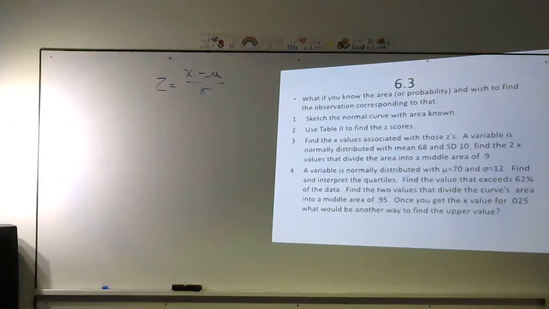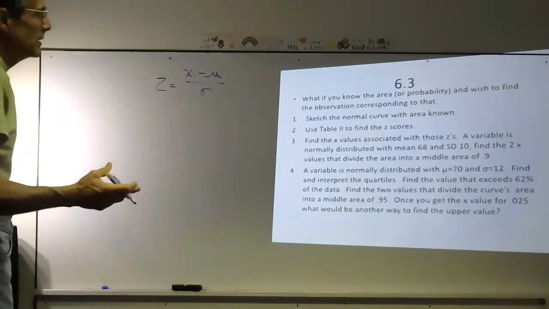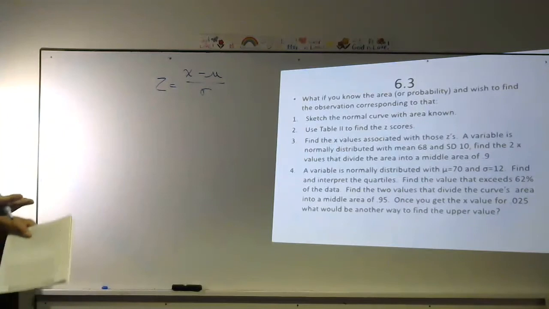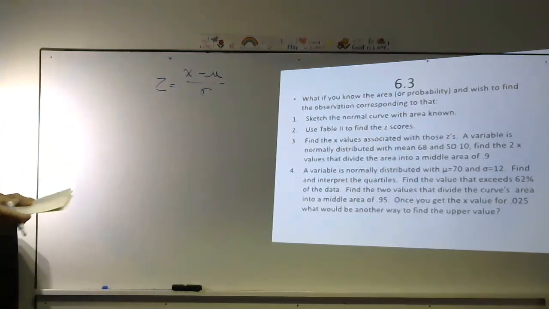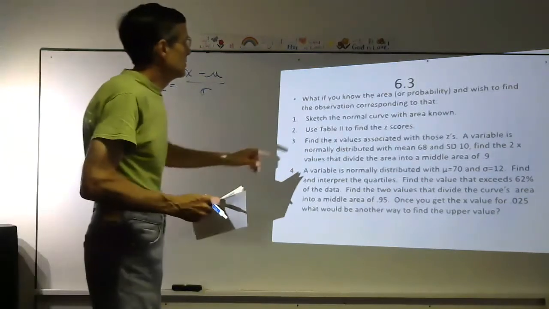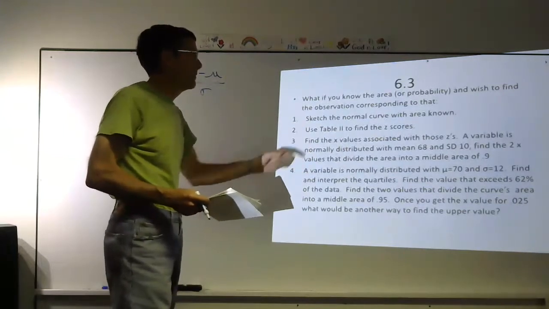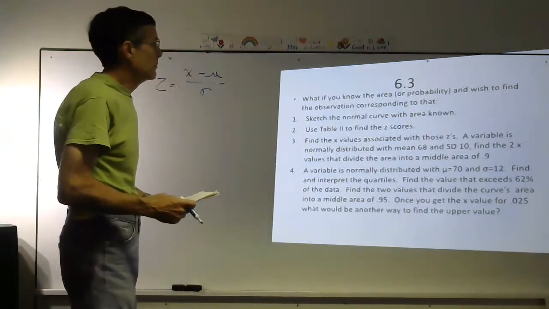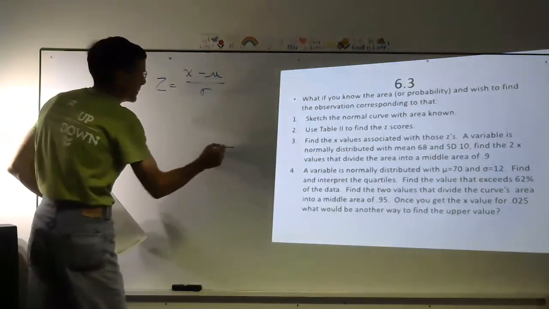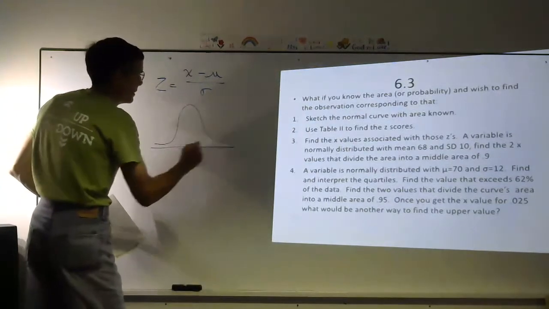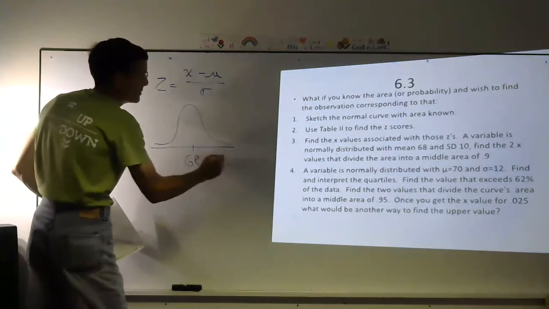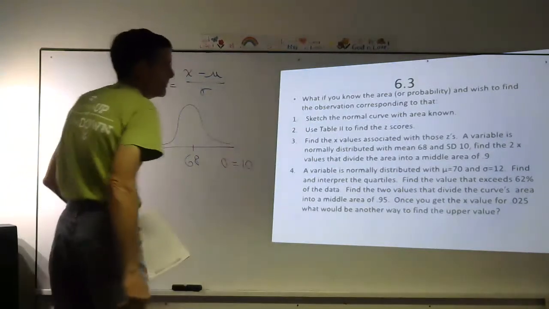All right, what if you know the area or the probability and wish to find the observation? You do the problem somewhat backwards, okay? So sketch, always draw a picture, find your z-scores. Let's go down here to number 3. A variable is normally distributed. Mean is 68, standard deviation is 10.